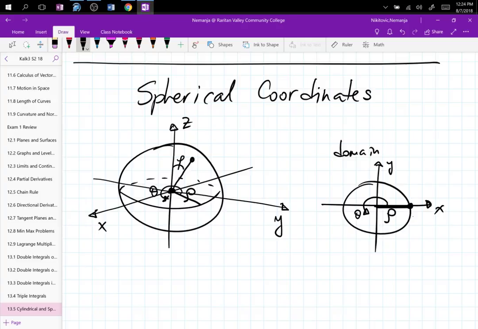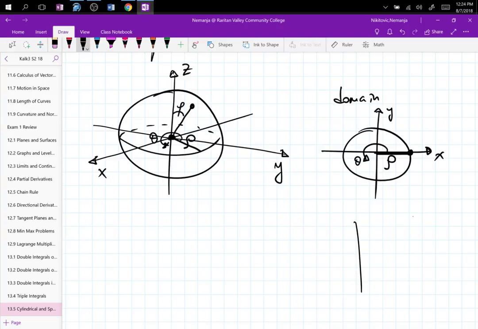Now phi measures the same way the bearings measure in your Pre-Calc 2 course. If you remember bearings in Pre-Calc 2, you had your north, your south, your west, and your east. And when you have an angle, you measure it due north. So you would say north 30 degrees east.